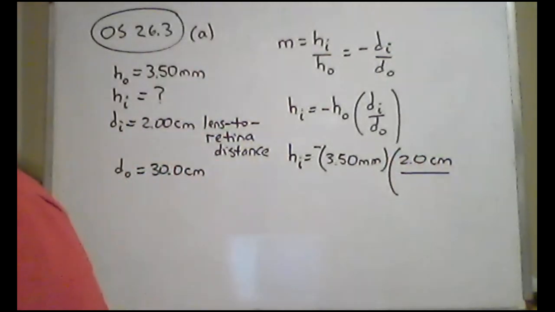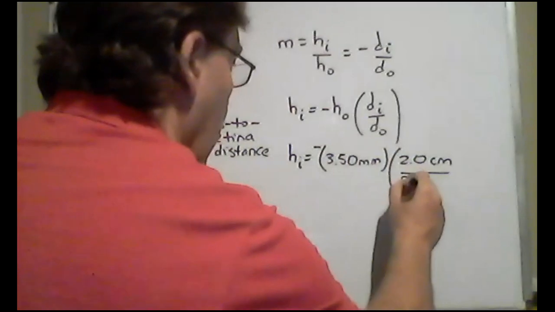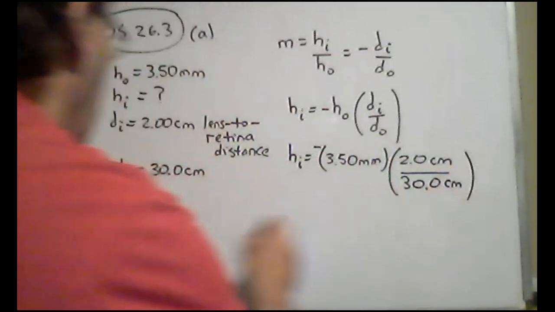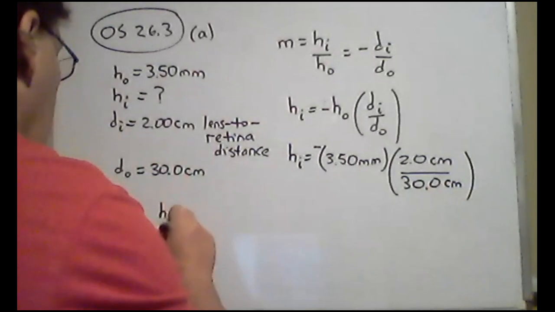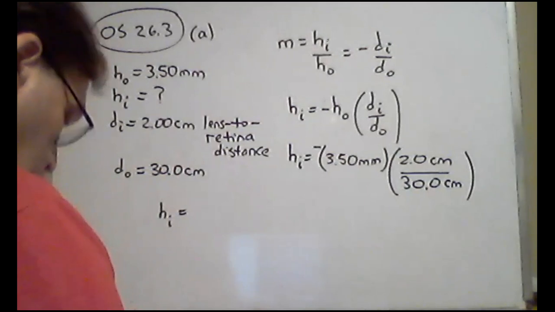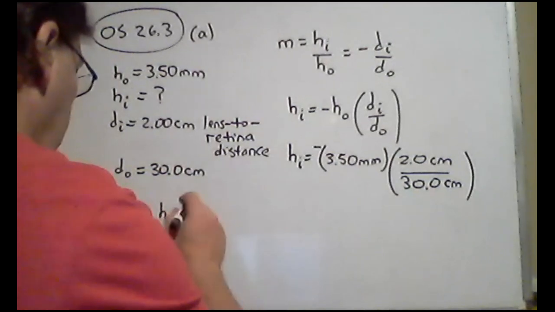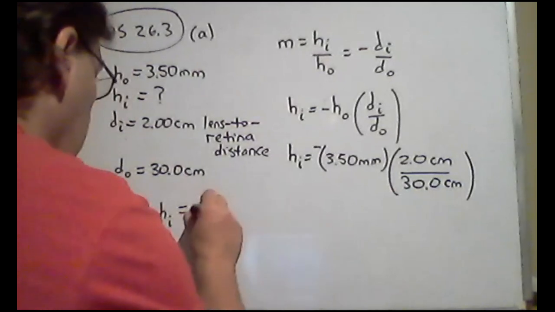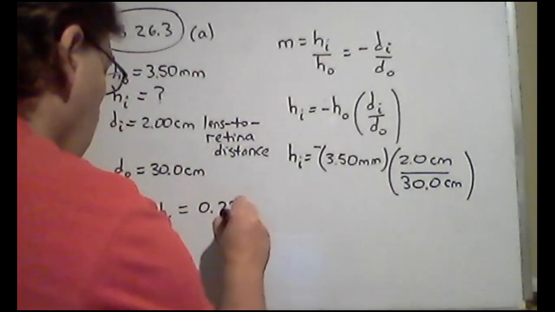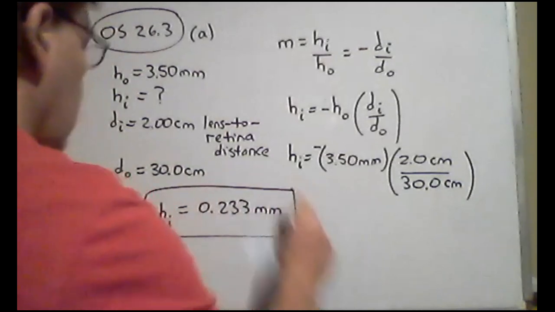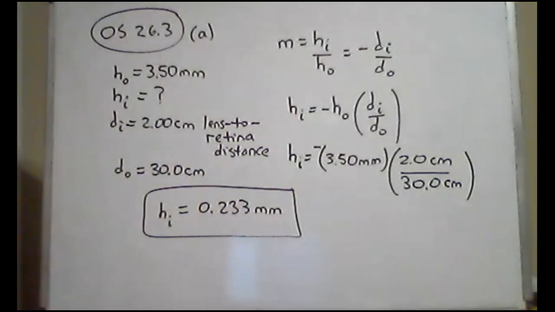And we're holding the book 30 centimeters away. To find out the height of the print on the retina, I'm just going to not worry about the negative sign. We'll say it's going to be 0.233 millimeters. That's the height of book print on your retina.